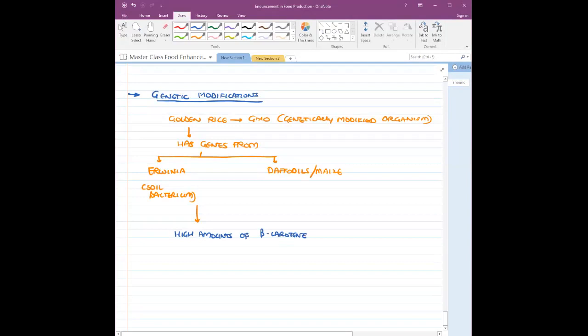It is nothing but a precursor of vitamin A. So when it enters your body as beta carotene, immediately it is going to be converted to vitamin A, and this is how it takes care of vitamin A deficiencies in the body.